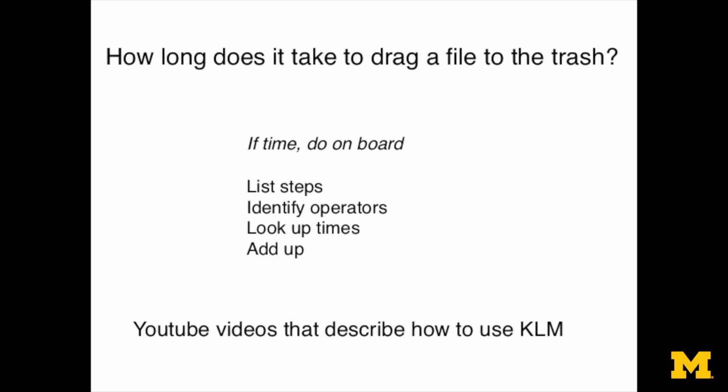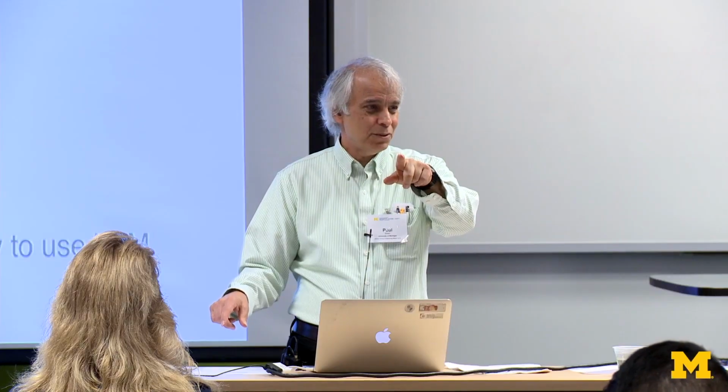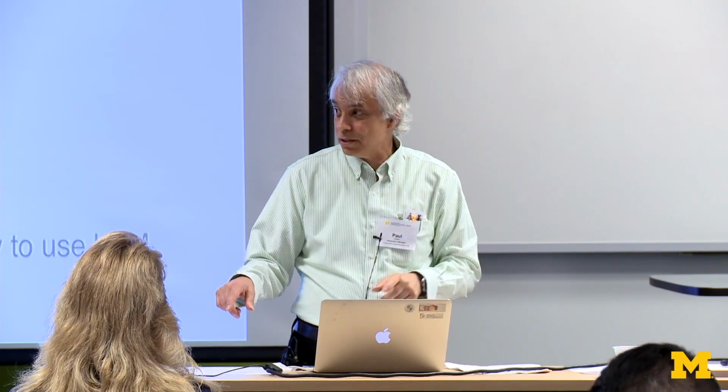At a higher level, what are the steps that I need to go through? I need to get my hand on the mouse. I need to find where the icon is, so I need to look at the screen. Then I need to click on the mouse. Then what do I need to do? Drag it to the trash. Find the trash first.